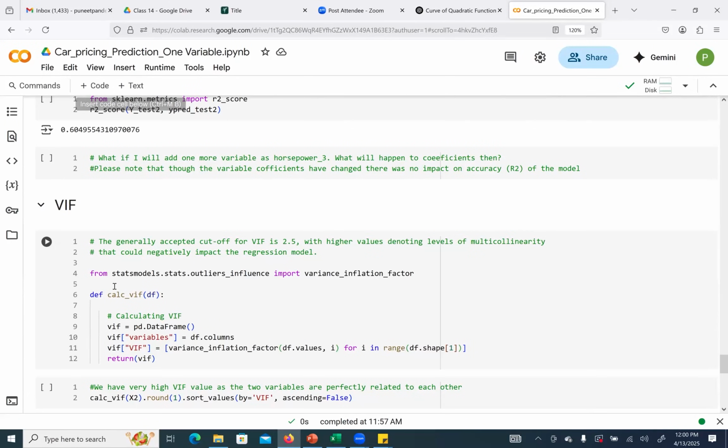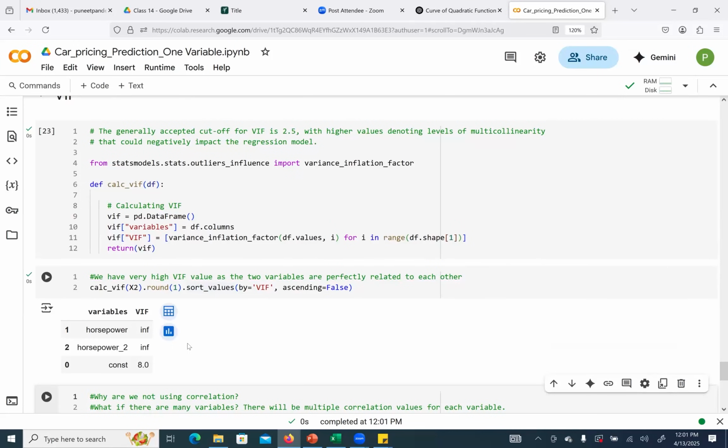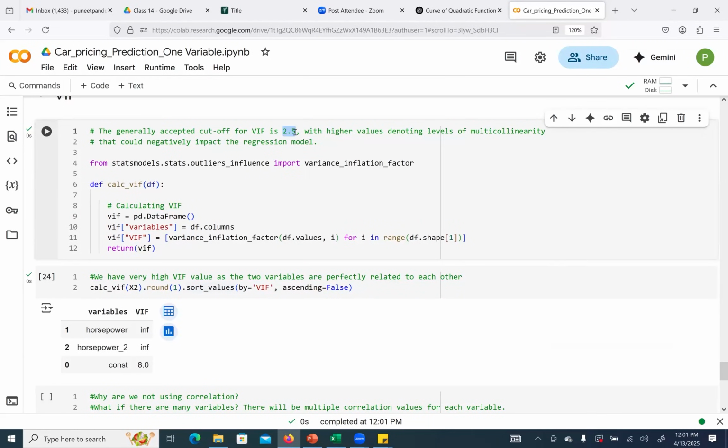So when I run this code, it is going to give me 2.5 as the cutoff. If anything is more than 2.5, then I should drop that particular variable. Now there are two variables which are more than 2.5. So we should drop both of them, right?